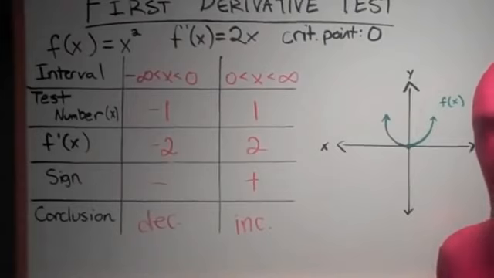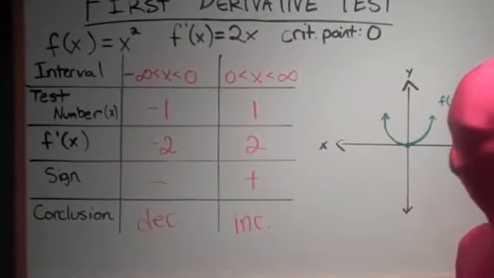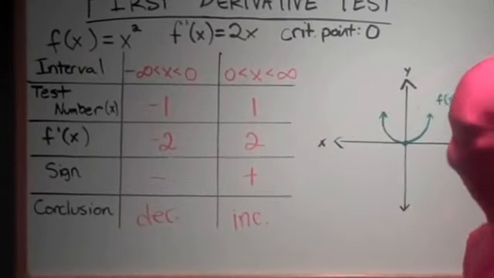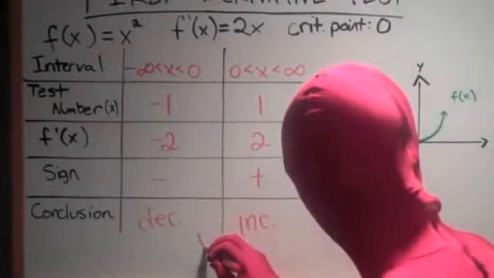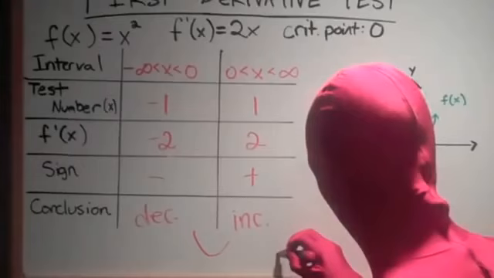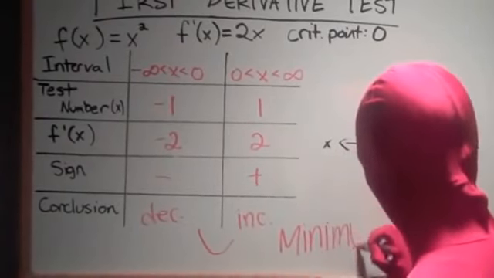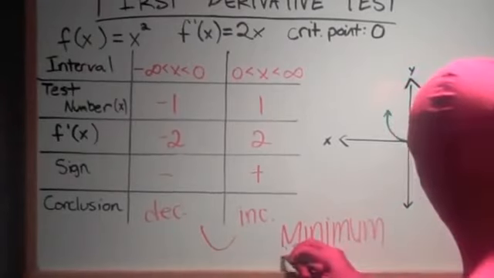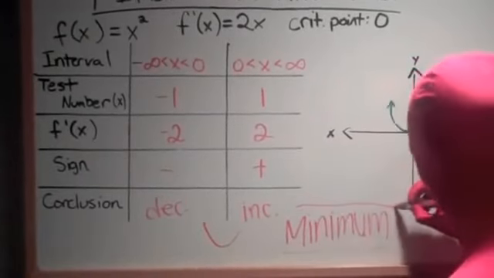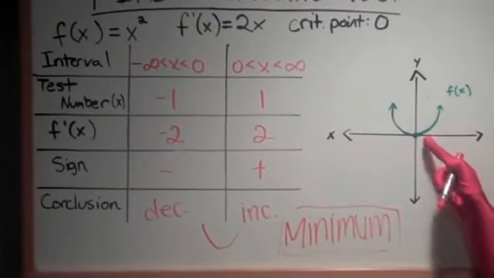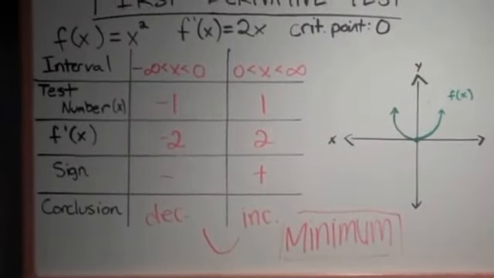If the slope, f prime of x, goes from positive to negative, the critical point is a maximum. If the slope goes from negative to positive, the critical point is a minimum. Since the interval goes from negative to positive, our critical point, (0, 0), is a local min. We can see this in the graph.